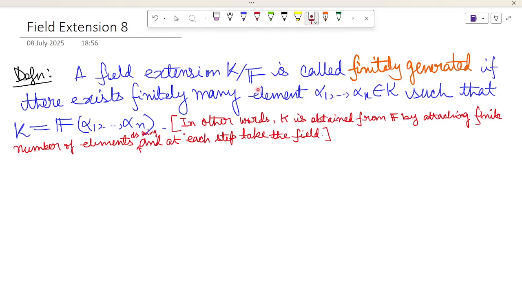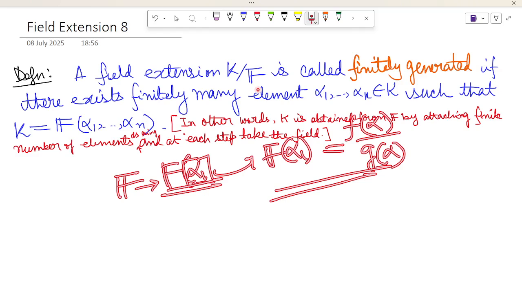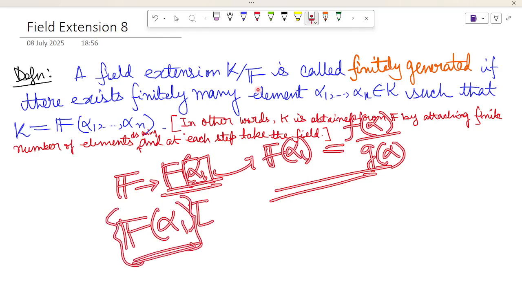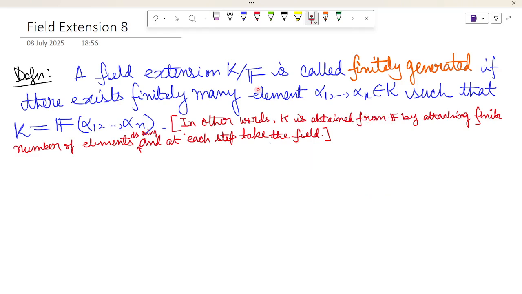For example, what I am trying to say is, you are given F, first attach alpha 1 and you get the polynomial ring. Now take the quotient F[x] by g(x), where g is non-zero. Then on this take alpha 2, which gives a polynomial ring again. Take the quotient of the polynomial ring and you will get this. At the last step, you will get K.